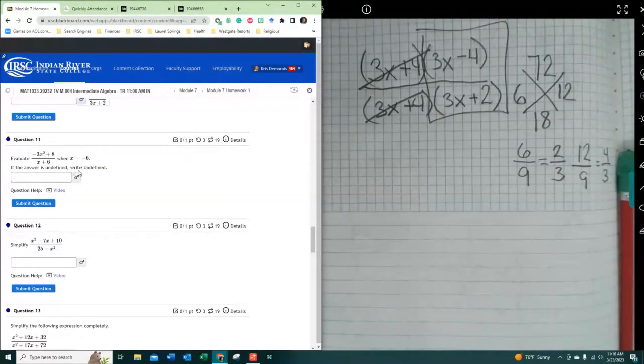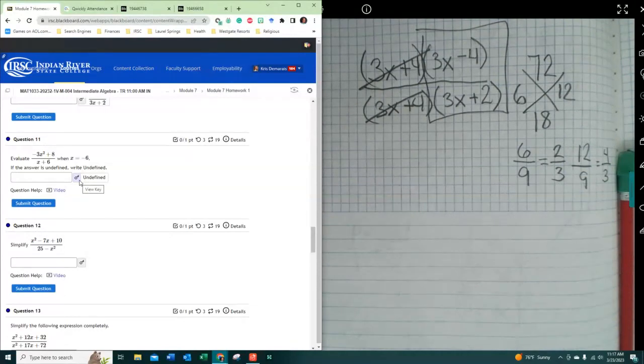If the answer is undefined, write undefined, and they basically are telling you what the answer is by giving you that clue. So we have the answer of undefined. They're trying to make sure to highlight the idea that if you come up with an answer for an equation, sometimes the answer might not work for the original equation. So they're trying to draw your attention to that idea.